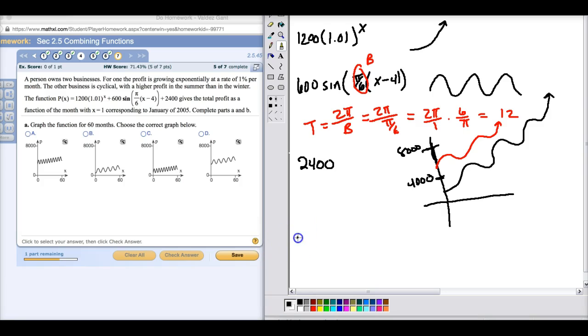So for starters, we know that the 1200 times 1.01 raised to the 0, that's just 1200, because anything raised to the 0 is 1.